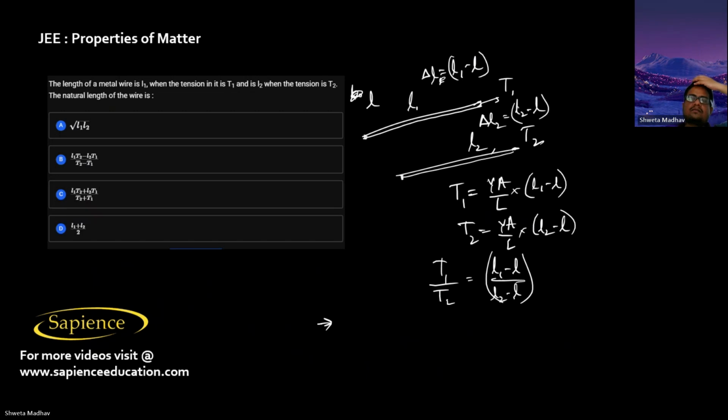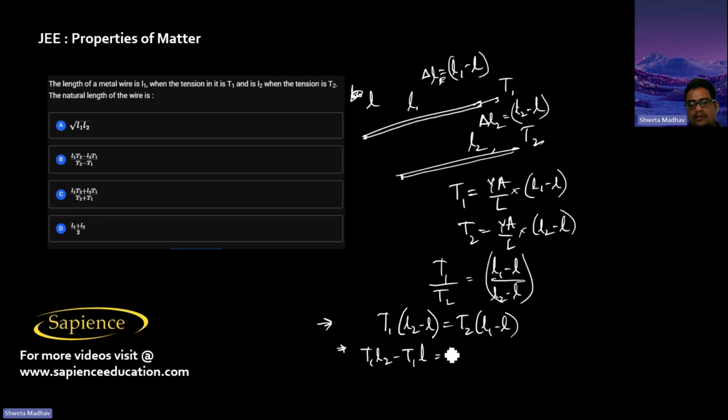Now therefore you can cross multiply. So then it will be T1 into L2 minus L is equal to T2 into L1 minus L. So then this will be T1 L2 minus T1 L is equal to T2 L1 minus T2 L. So therefore I can say L into T2 minus T1 will be equal to T2 L1 minus T1 L2.